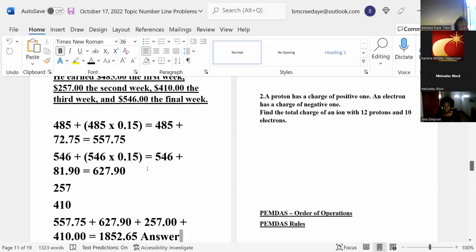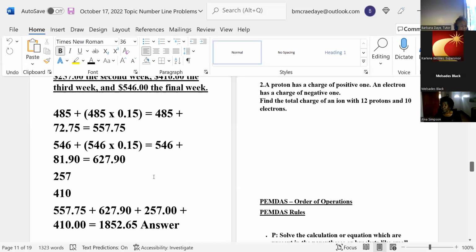So for you to know his total, you have to add the commission to his regular weekly amount. So it's the weekly amount plus commission. To know the total, you add the 72.75 and the 81.90 to the regular amount that he earned for the week.